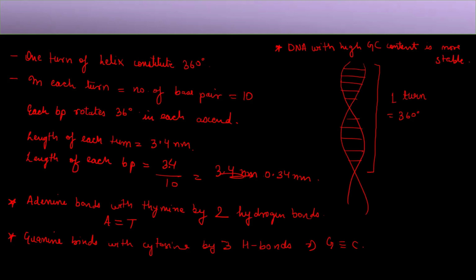Okay, now the last topic of this chapter, biomolecule, is Chargaff rule. Chargaff is a scientist who gave certain rules regarding the DNA composition. The first rule is amount of purine equals to amount of pyrimidine. So what does it mean?